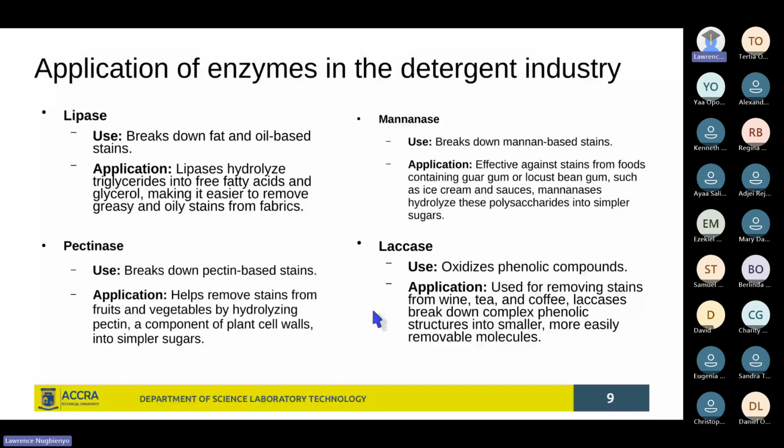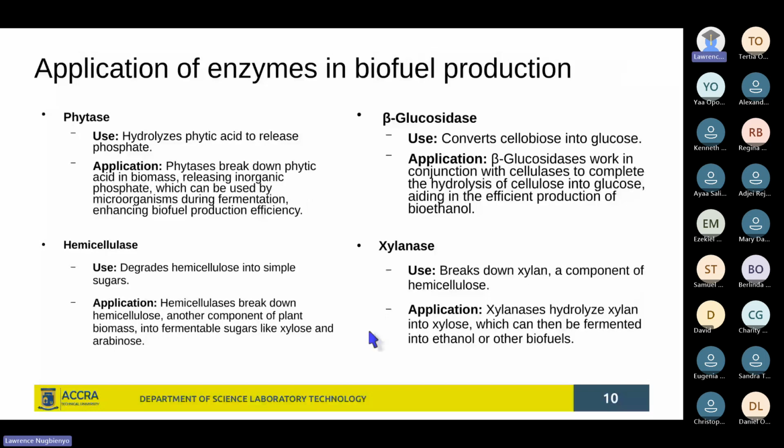The biofuel industry. I think I mentioned the last time, the biggest biofuel industry you find is in Brazil, where they produce a lot of bioethanol from sugar cane. And sugar cane has sucrose in it.